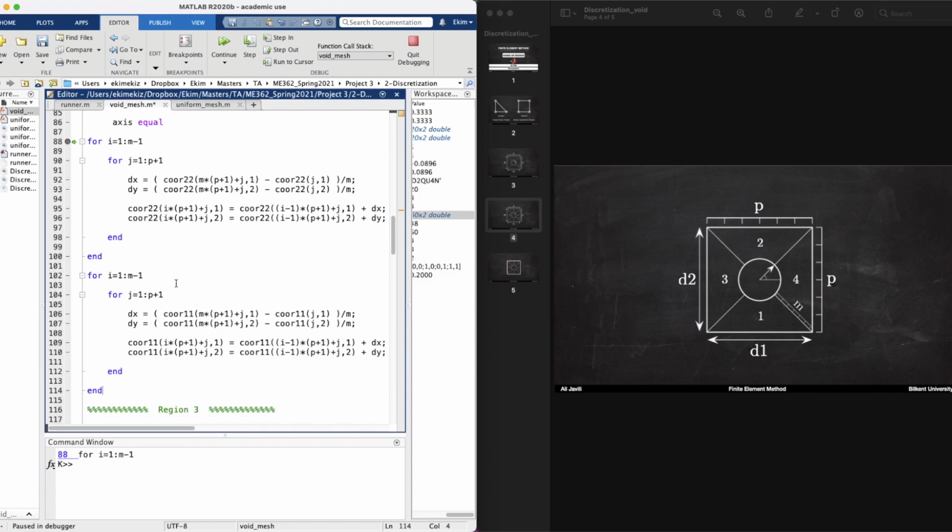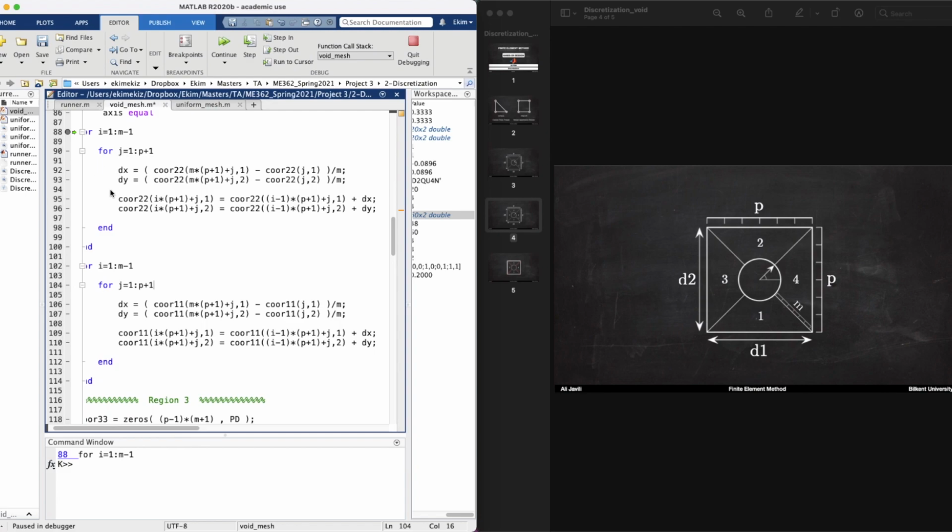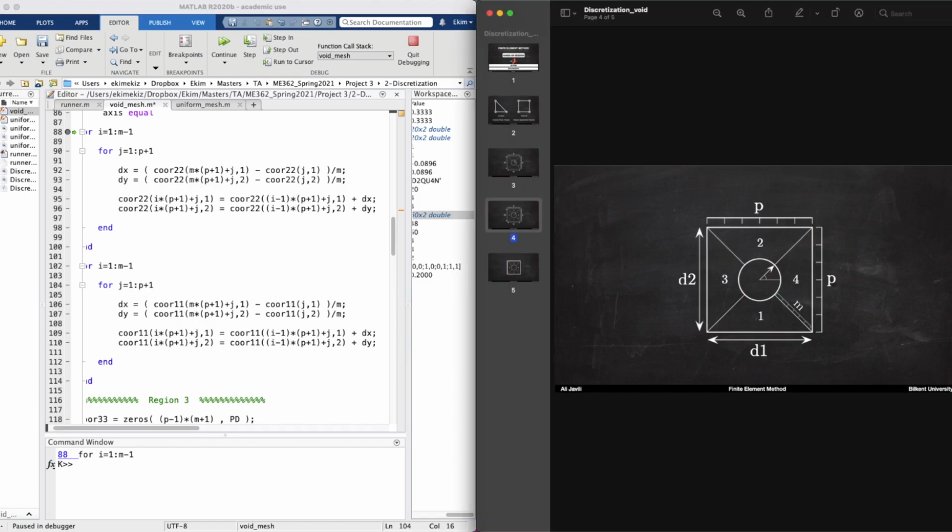side by side. So you can see that there is nothing that changes other than now core 1 becomes core 2. And the reason for that is this dx and dy calculation we are doing, it's accounting for the sign changes. So what I mean by that is, for example, for region 1, we're moving along from left to right like this and upwards.